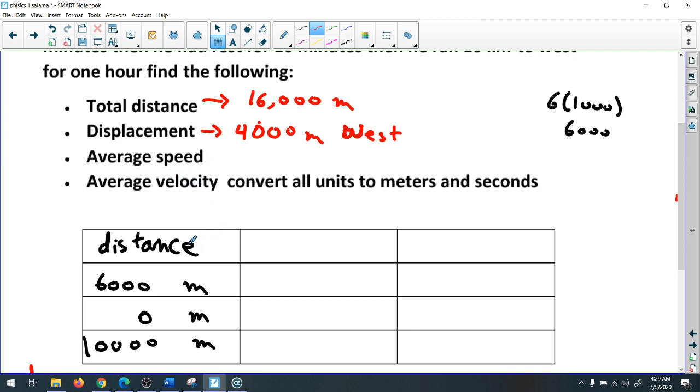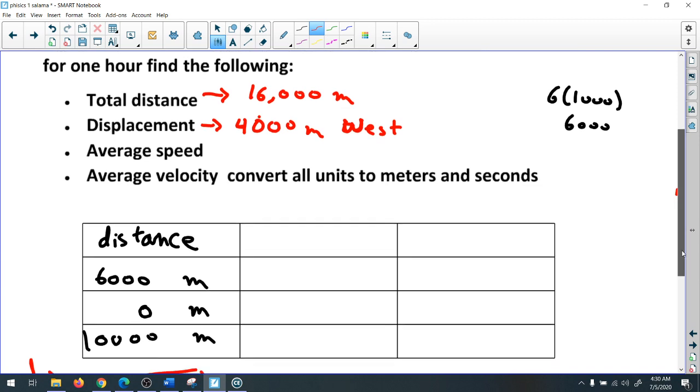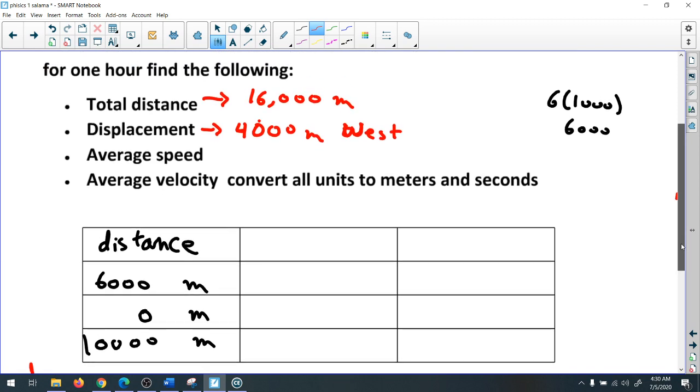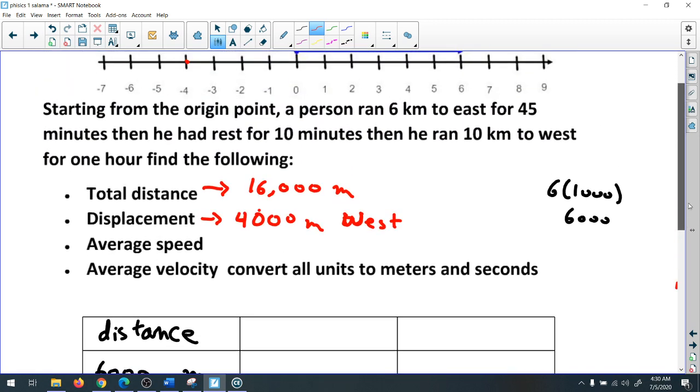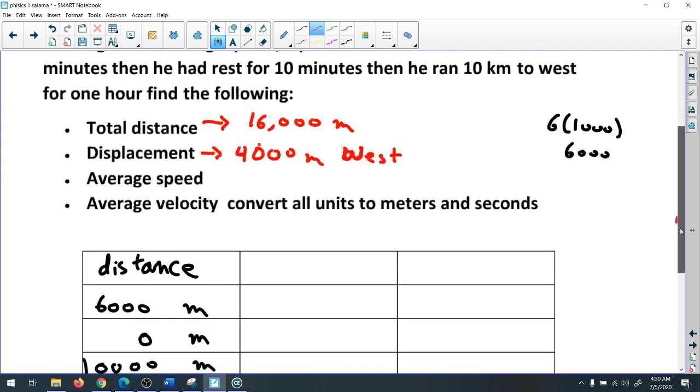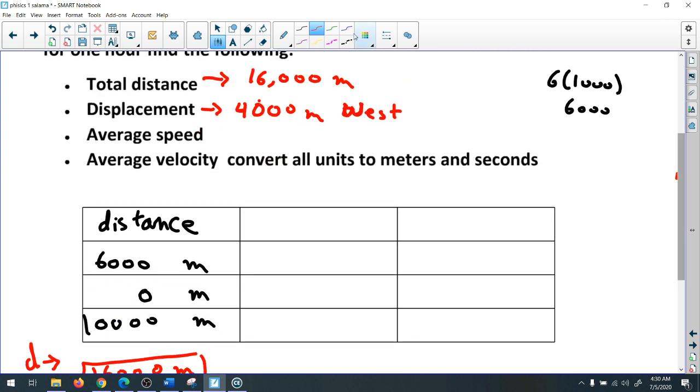Now, let's find average speed. For average speed, we need to find the time for every part of the trip. The first part was 6 kilometers east for 45 minutes. Converting 45 minutes to seconds, you multiply by 60, and it's going to be 2,700 seconds.